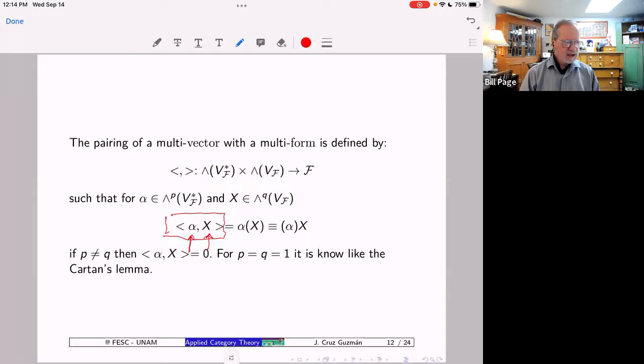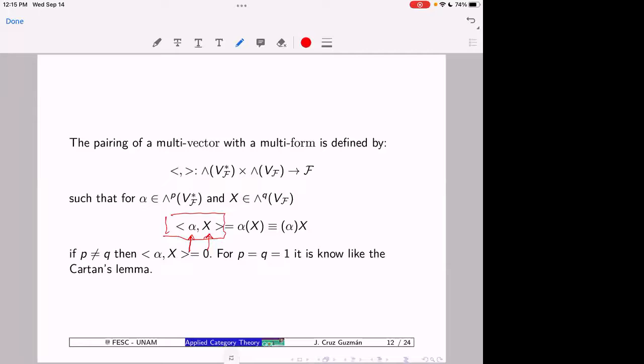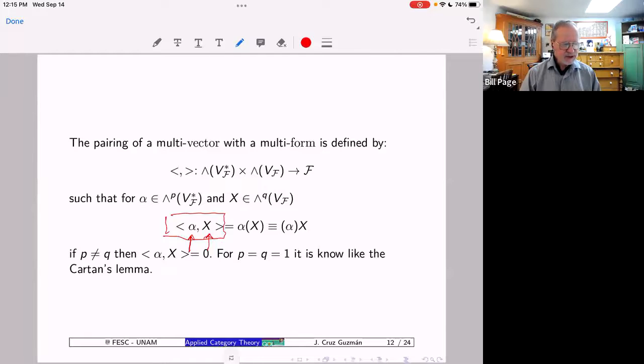But suppose that the first Grassmann algebra was the multi-vectors, and the second Grassmann algebra was the covectors, multiforms, right? Multi-differential forms. So then here, say alpha is an element of the multivector, and x is an element of the differential form.